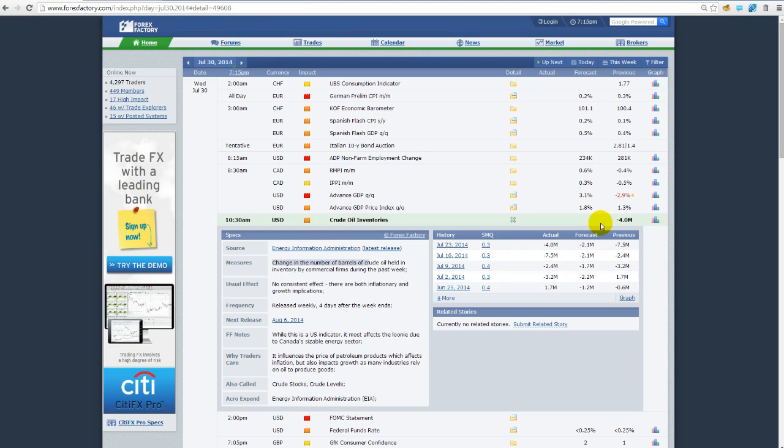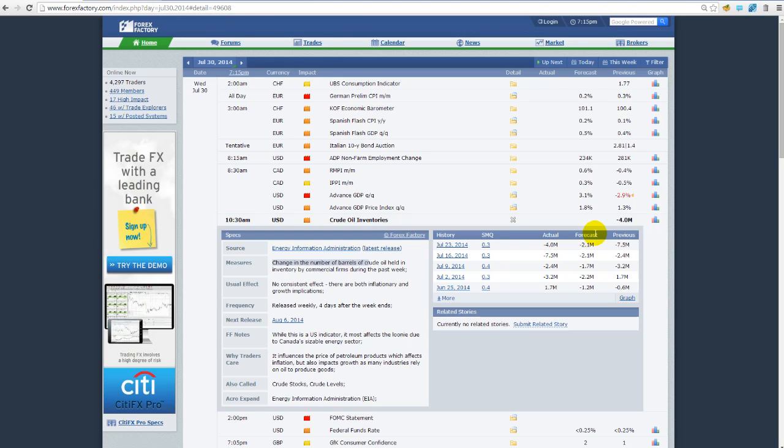So logically, not necessarily reality, but logically, what do you think oil would probably do if the number came in at negative 4 million with a forecast of negative 2? If there was less oil in storage, oil should, there you go, Jack got it. Good job. Cameron won. Go up. Yeah, that's the idea.